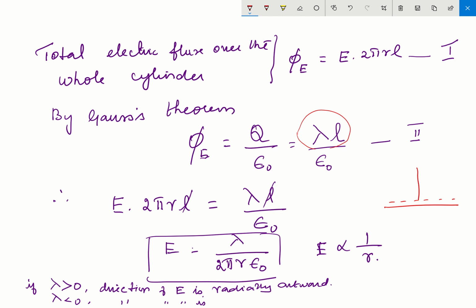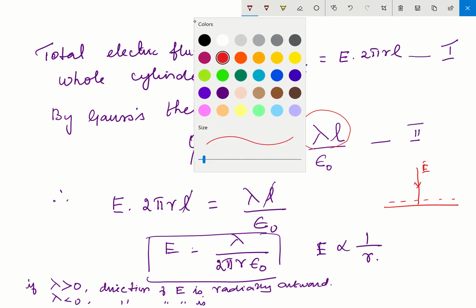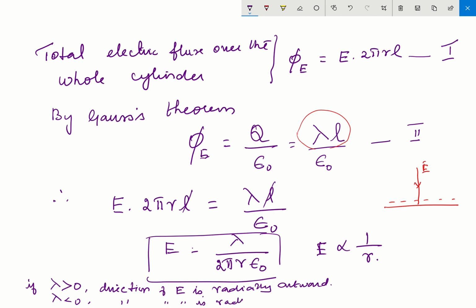Therefore the E direction will be in this direction, correct? Radially inward. Therefore it is not outwards, it is inwards.